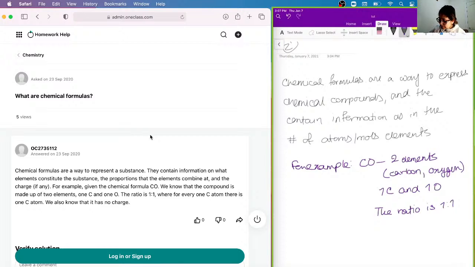We also know the charge, so it tells us if it has a net charge or not. In this case, there's no charge.